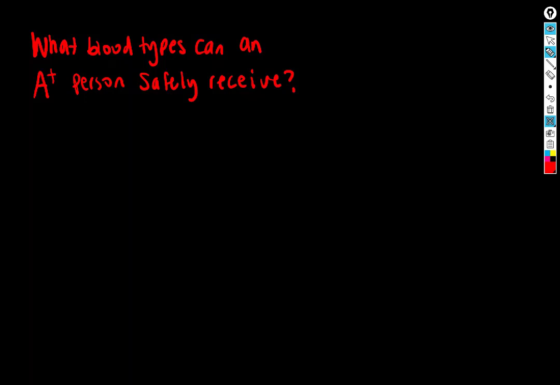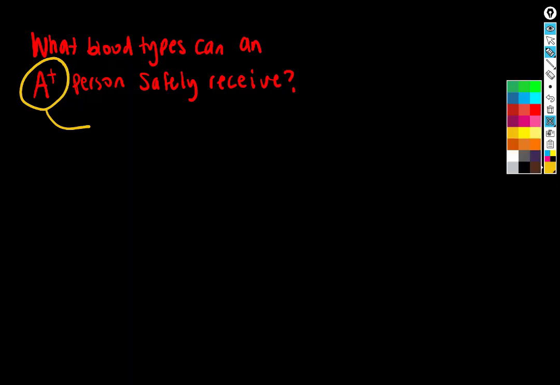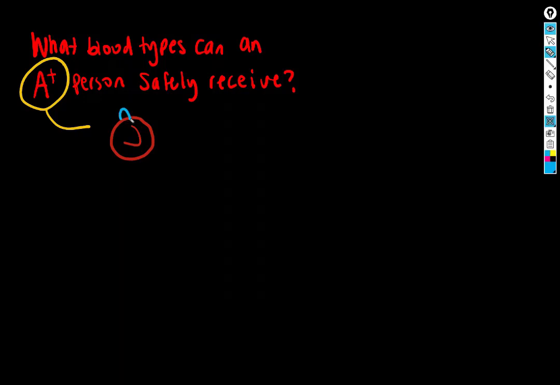So I like to do the problem this way. So I'm going to switch colors. So if this was my problem and I was faced with solving it, before I start thinking about donors, I'm just going to think about what this means. So what does this person's red blood cells look like? So I like drawing this. That's my personal preference. You don't have to. So I'm going to draw A antigens, and I've decided to make them blue because I decided to.